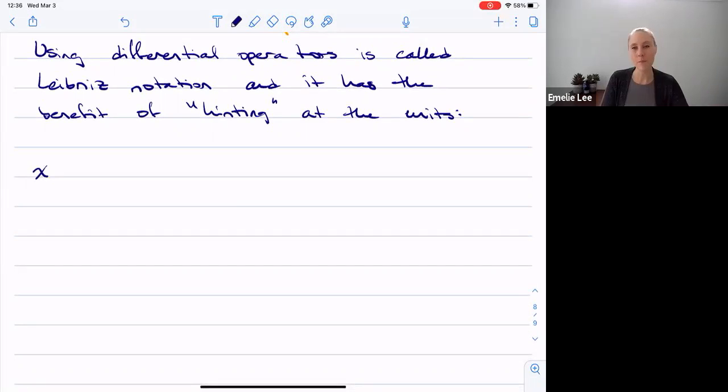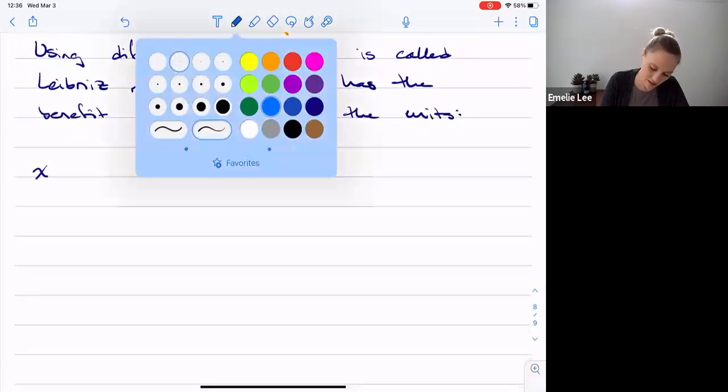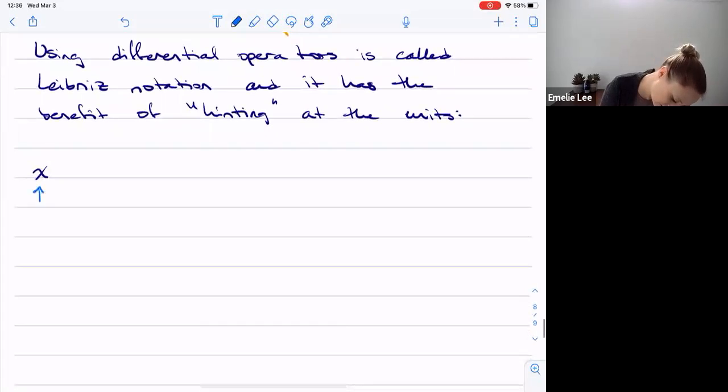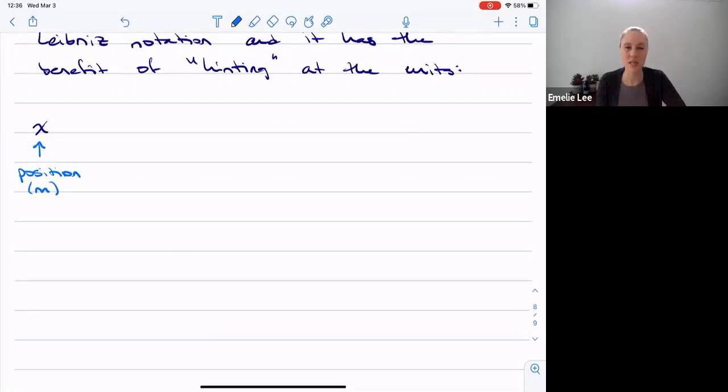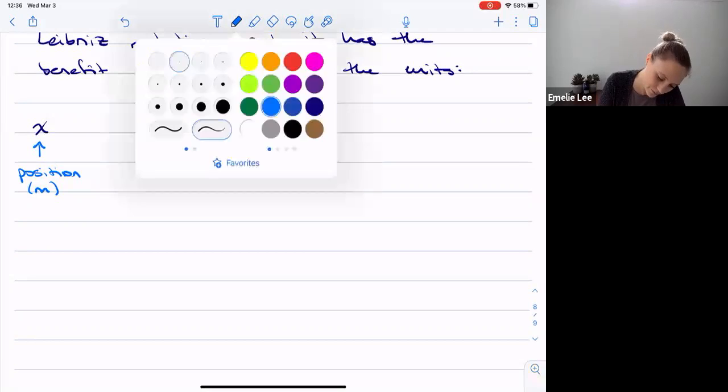So if we have x, just bare bones x, this is the position, which we'll say is meters. So where is it? Where are you located? That's your position. That's your x.